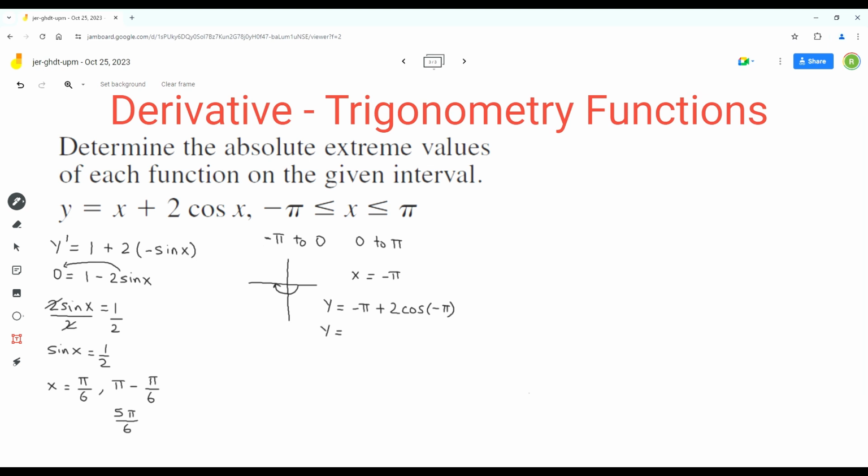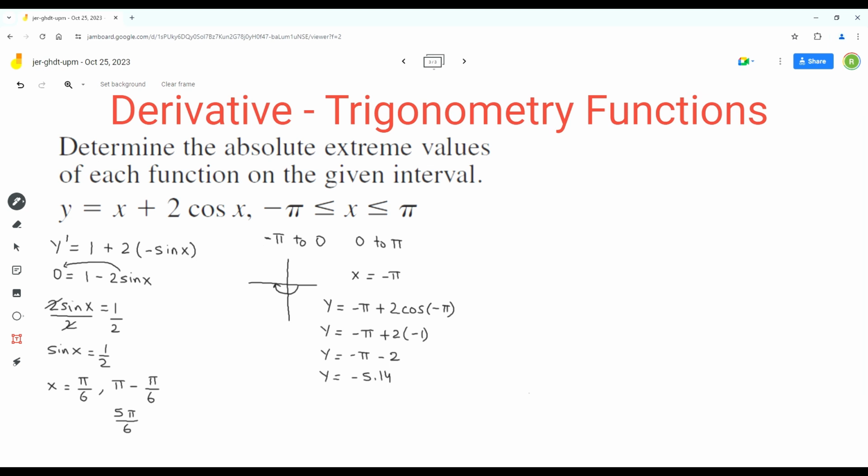Now cos of negative pi is equal to negative 1. So we get the 2 times negative 1 is negative 2. So we get negative 5.14.